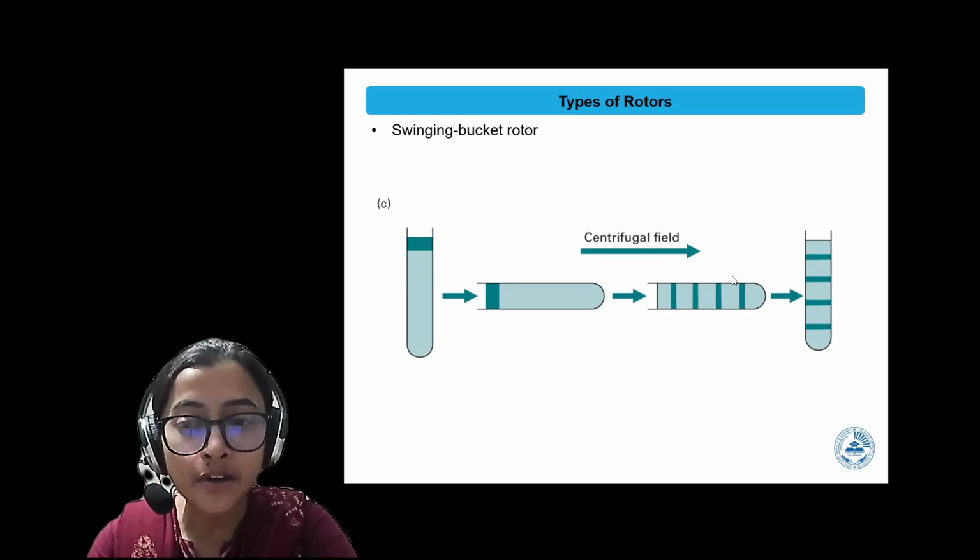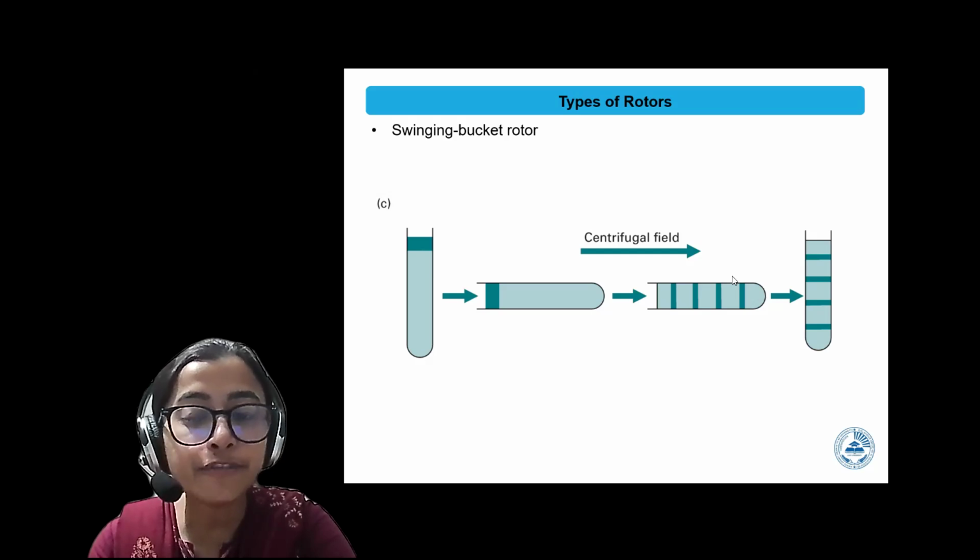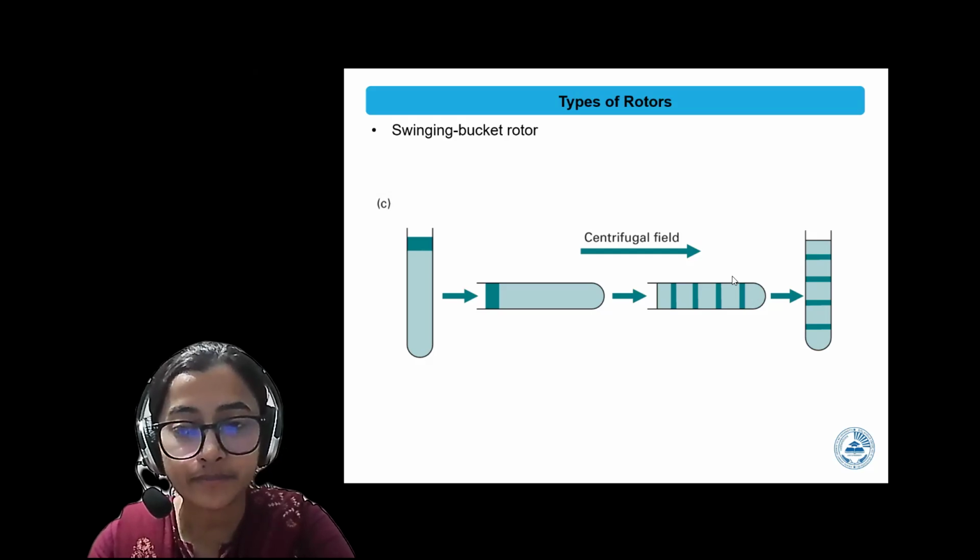Since the tubes become horizontal, particles sediment in a straight path, forming distinct layers. This makes them ideal for separating different cellular components, fractionating biomolecules, and the clear layering allows easy collection of separated fractions. However, these rotors generally take longer time compared to fixed angle rotors.